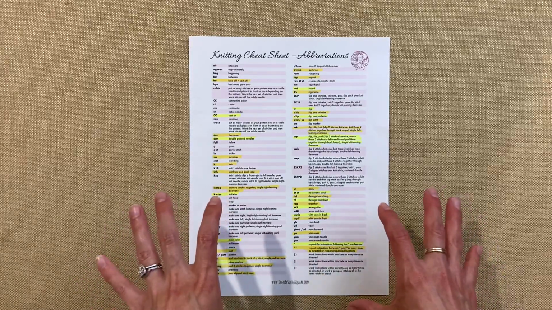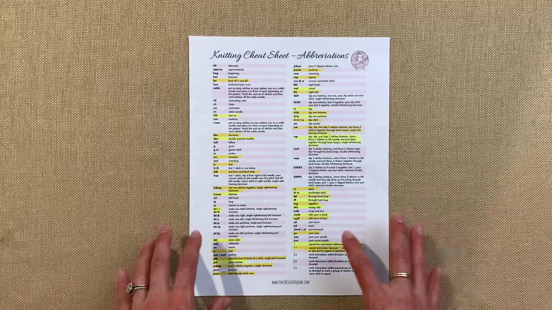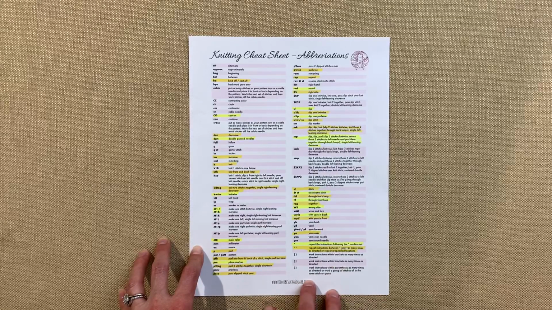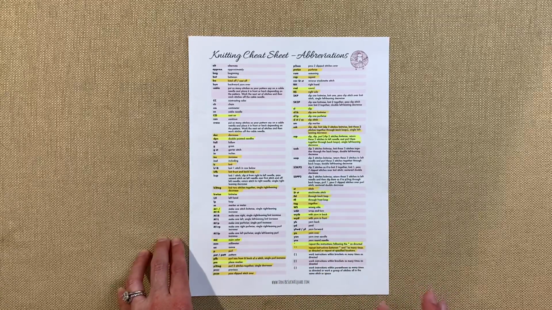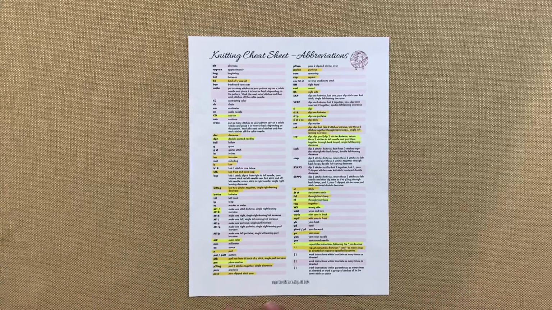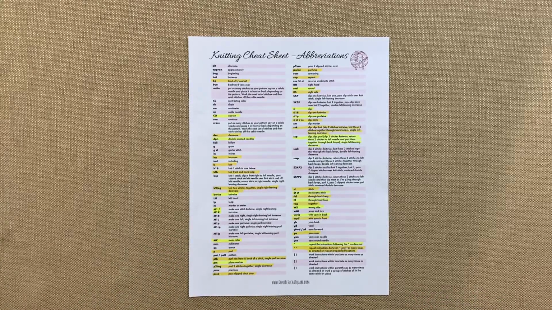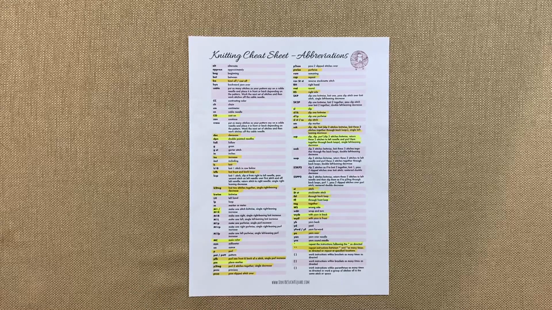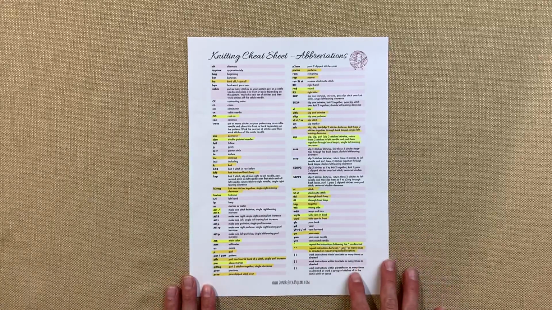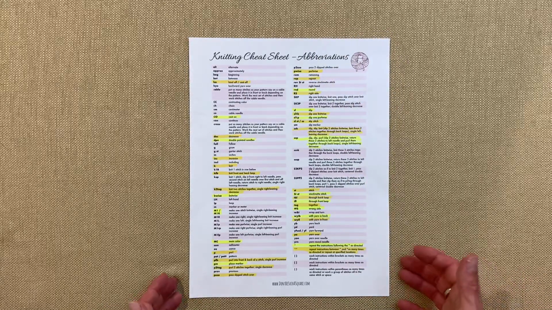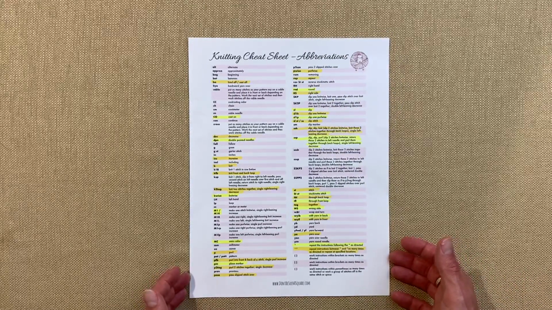But these are good things for you to start doing some research on and start watching videos on, because if you start moving on and advancing, those are things you are really going to want to learn how to do. And you can maybe print out a pattern that you aspire to do next after this project and start looking up the abbreviations, writing them down, maybe highlight them for yourself, and look up YouTube videos on how to do them or instructions online.